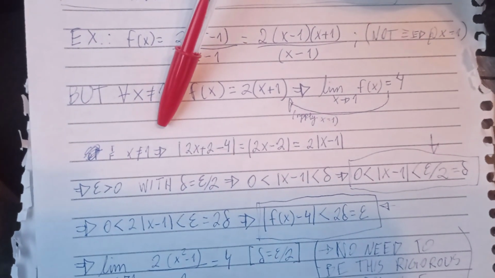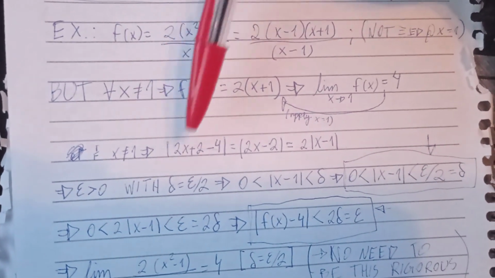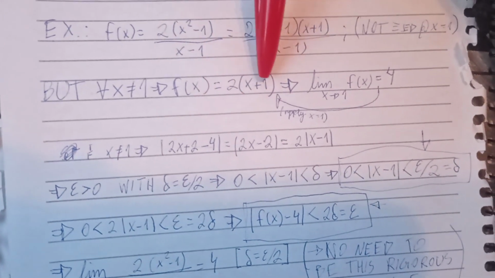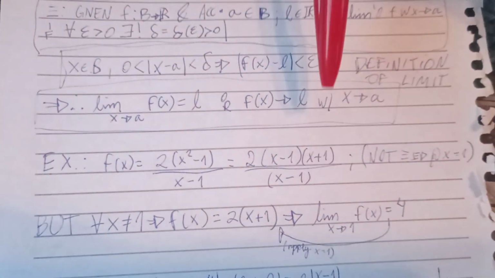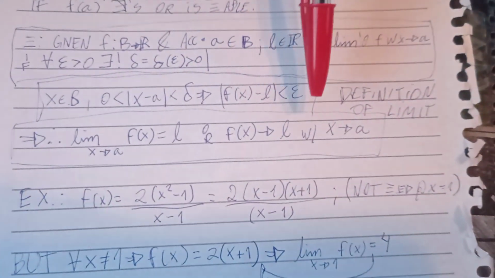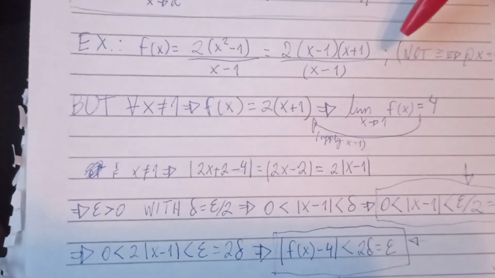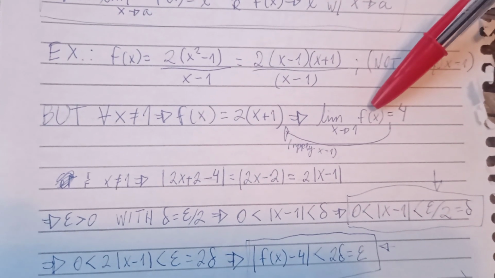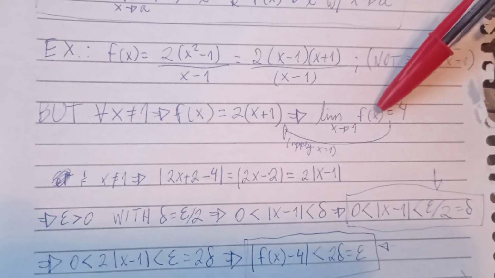Let's say x is different than 1. So let's see what happens if x is different than 1. If it is different than 1, we can use this definition, and we can make things in this form appear the following manner. We will take the absolute value of this.